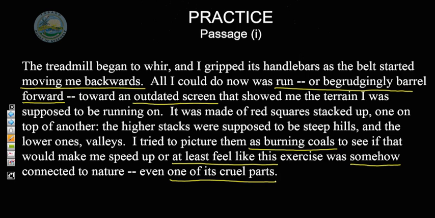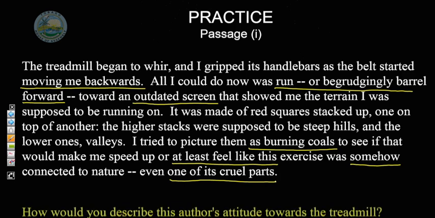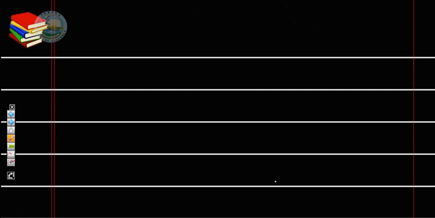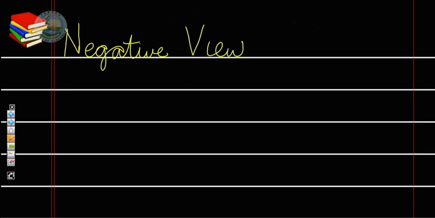Looking at the word choices used by this author, how would you describe the author's attitude towards the treadmill? We can conclude that the author has a very negative view. It's a negative view that's borne out through the following examples of possible tone. The tone here is sarcastic.